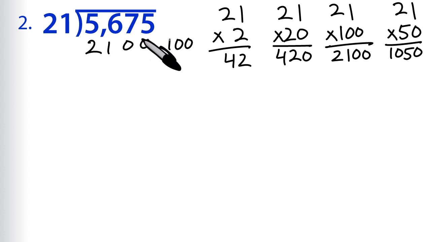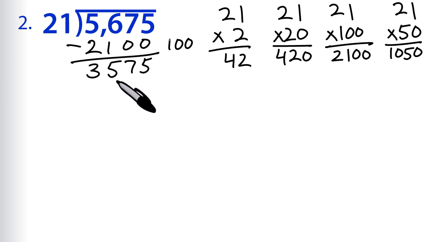So we'll subtract 2,100 from this. 5,675 minus this. Well, let's just do 5, 7, 6 minus 1 is 5, 5 minus 2 is 3. So 3,575 is what we have now.